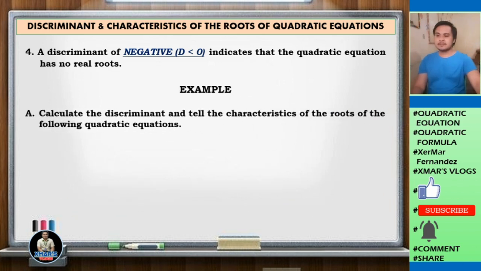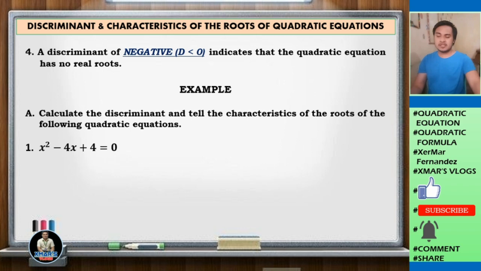Example, letter A. Calculate the discriminant and tell the characteristics of the roots of the following quadratic equations. Let us start with number 1. x squared minus 4x plus 4 equals 0. Here, the given equation is already in standard form.